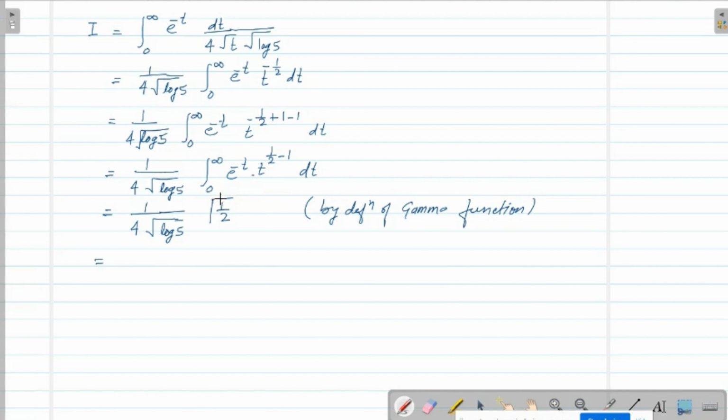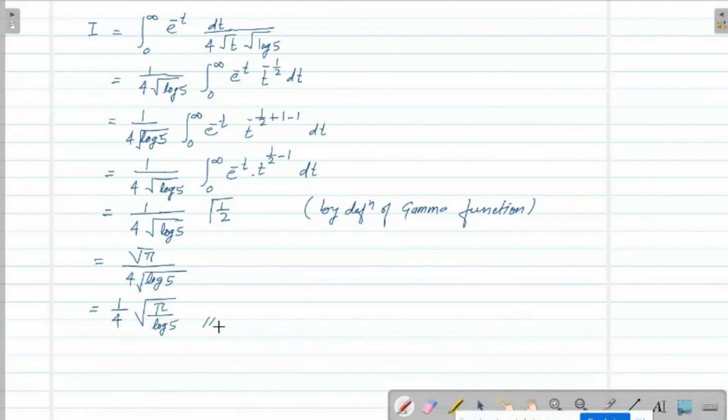Gamma of 1 by 2 is the square root of pi. So we get square root of pi by 4 square root of log 5, or you can write it like this also, 1 by 4 square root of pi by log 5. I hope you understood this type of problem. You got it? Yes, sir.